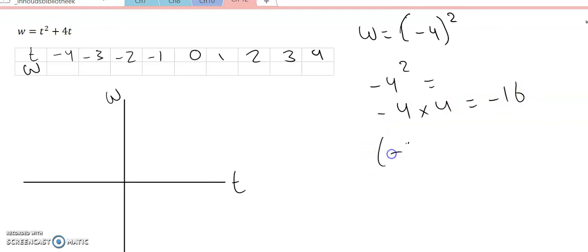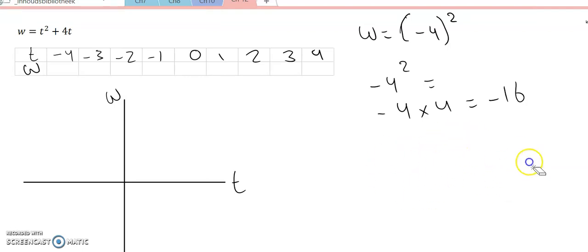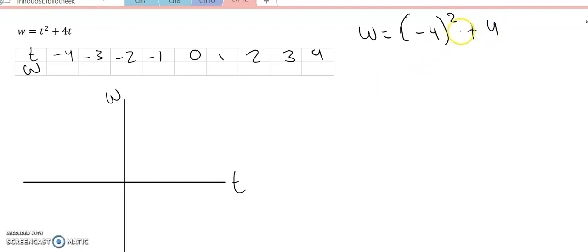But if you do put it between brackets, then you get a positive answer, because now it's -4 times -4, and negative times negative is positive. So always put a number between brackets if it's a negative number, and if you have to replace that in the formula. If you don't know when you do have to do it or when you don't have to do it, then just do it all the time.